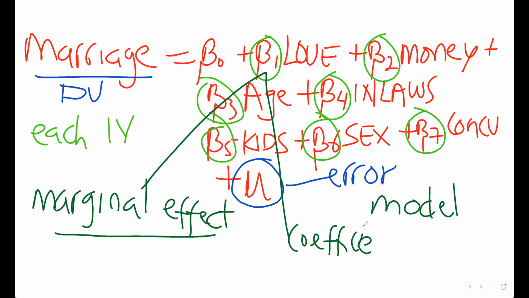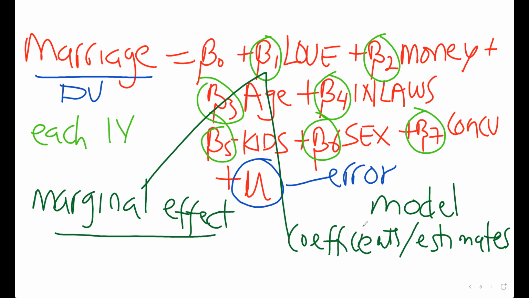Okay, the coefficients, or the estimates, are the numerical values of the beta parameters that we are looking for. So suppose that love is 5, and money is 10. What it means is that money influences marriage more compared with love.